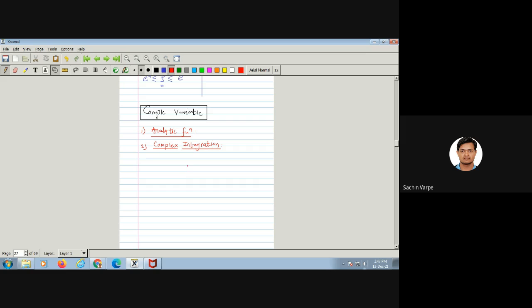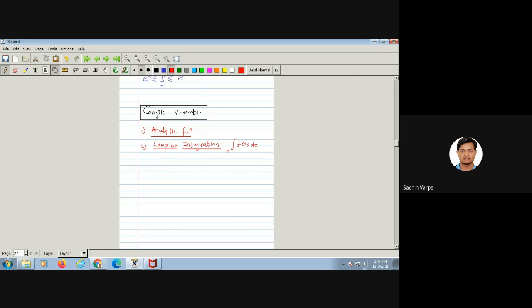In complex integration, mainly we have seen the definition of complex integral as the integration of f(z) dz over the curve C, right? And depending upon the nature of the curve, if the curve is a closed contour, then we have seen specifically the Cauchy integral formulas.